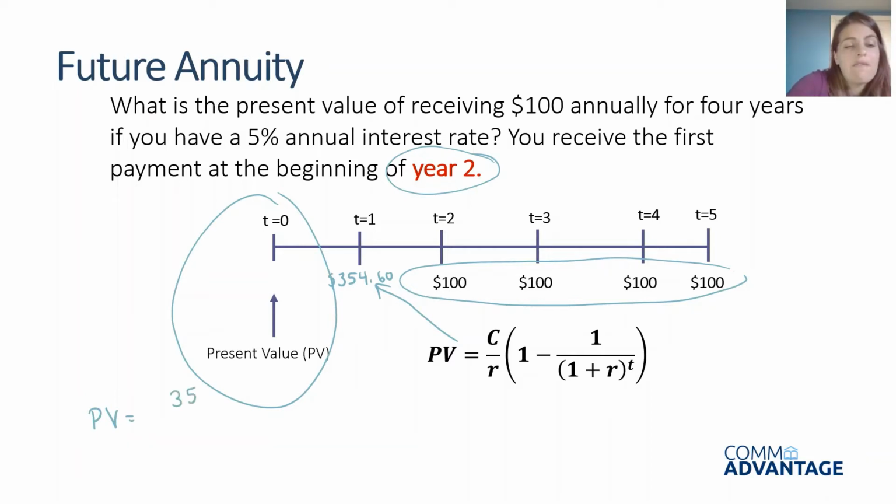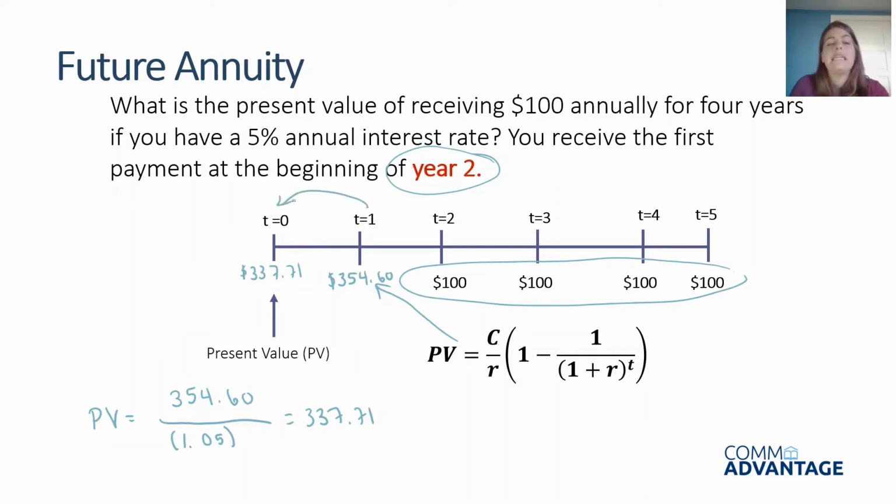We've got that $354.60 at T1, but if we go back one more period, so we would divide by our interest rate, we figure out that when we discount that back, it's going to be worth $337.71. So sometimes you have to combine one formula with our general time value of money knowledge. We know that we can take a lump sum and move it forward or move it backwards, and in this case, it's just us going backwards from T1 to T0.